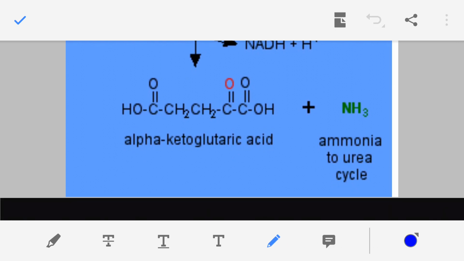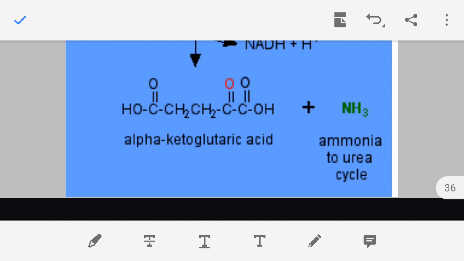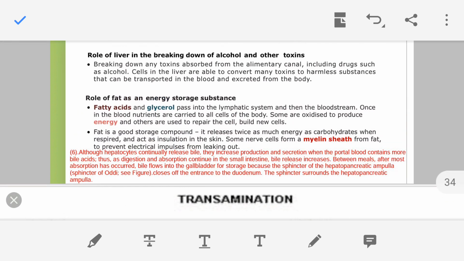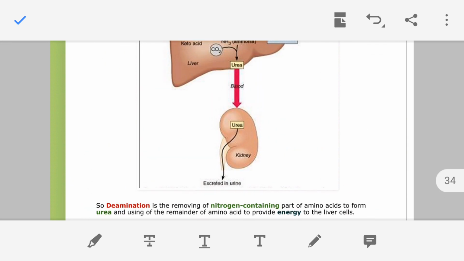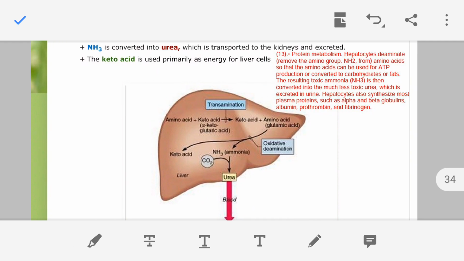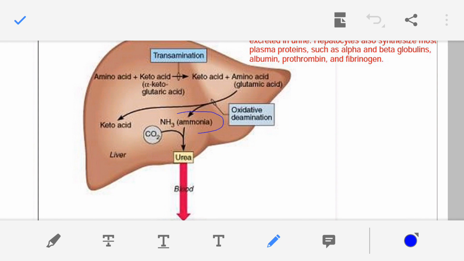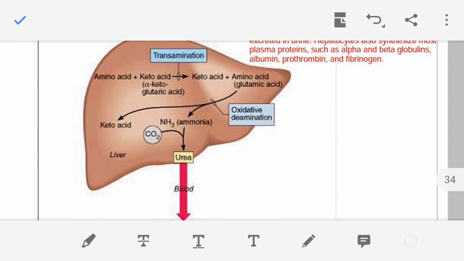Where is this ammonia utilized? Ammonia takes part in the urea cycle. So here in the figure you see this ammonia combined with CO2 in the liver, urea is formed. From the liver, urea enters the blood.